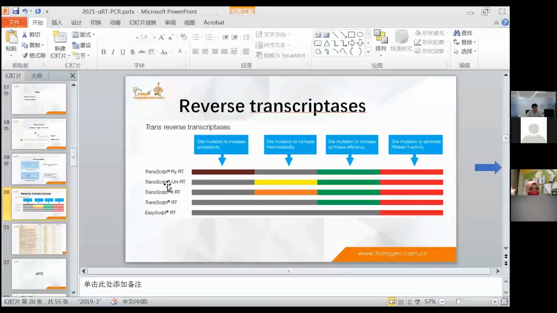But the whole reaction time is 15 minutes, while the fly Artemis can react in just 5 minutes. So we put the two enzymes together to create a new enzyme. It shows both activities of these coenzymes, so it can react at 65 centigrade and only takes 5 minutes. So it's a very good product. I think you can try this new one with your products.